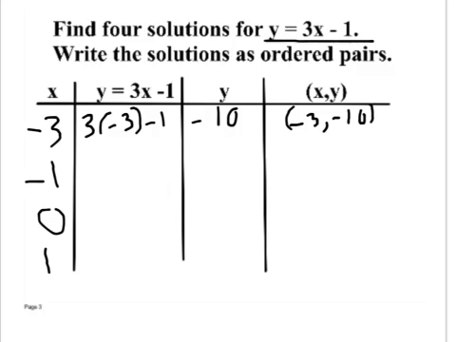You guys go ahead and fill the rest of the table out on your own. So 3 times -1 minus 1. What is 3 times -1? Negative 3, and then minus 1 is what? You just said it. -4, right?